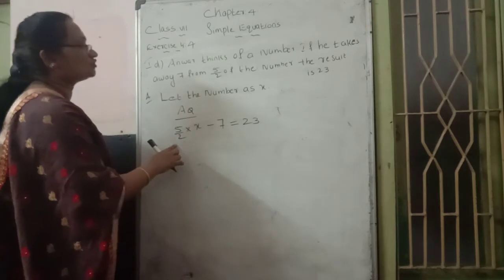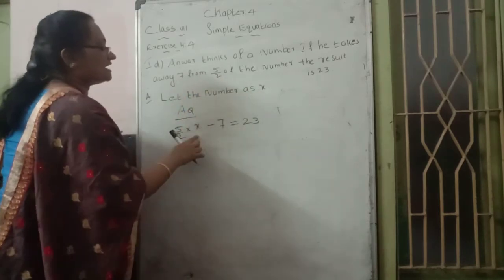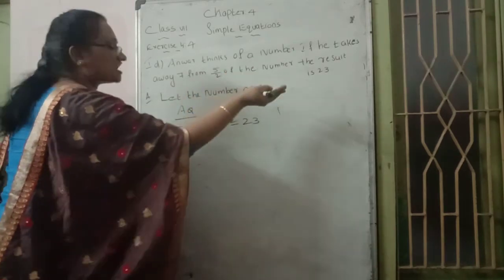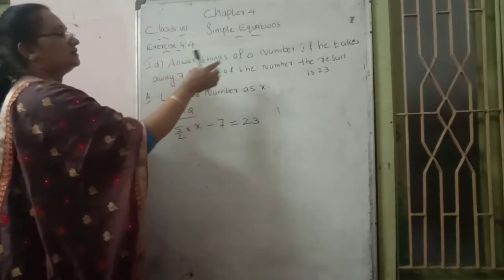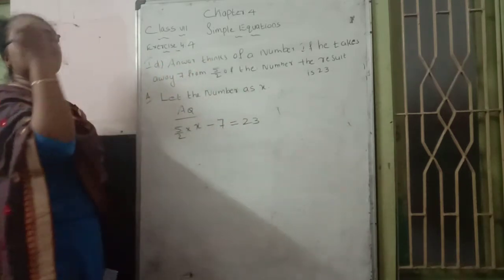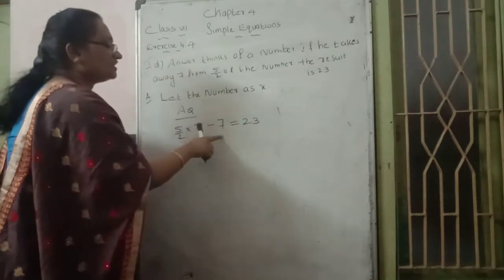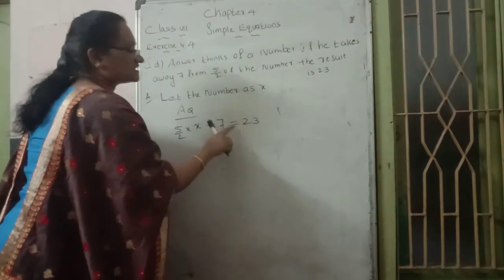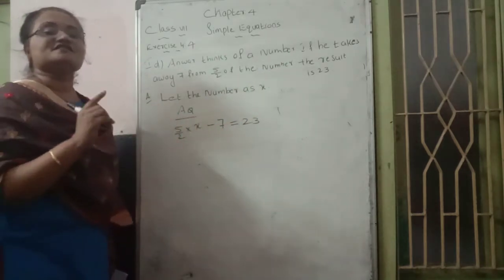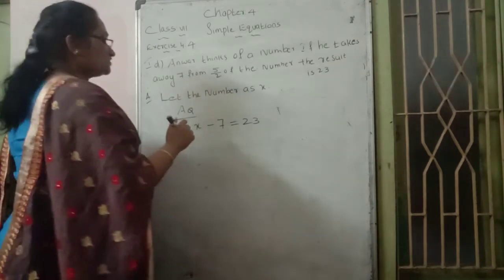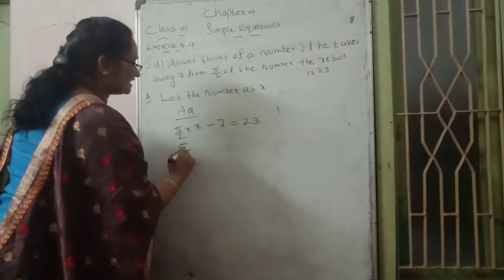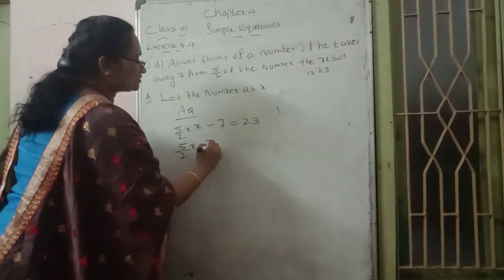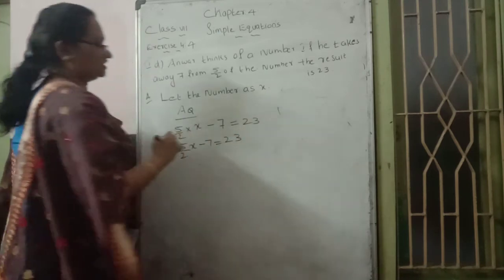So 5 by 2 of a number means 5 by 2 x. Take away means subtracted with which number? 7. The result is represented as equal. The result becomes how much? 23. So let's solve one by one. Clearly writing, 5 by 2 x minus 7 equals 23.